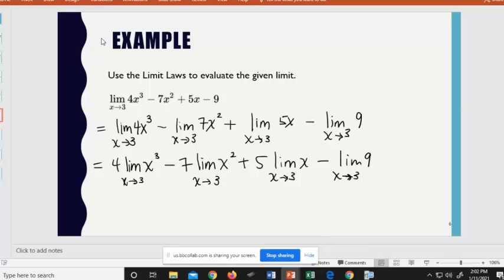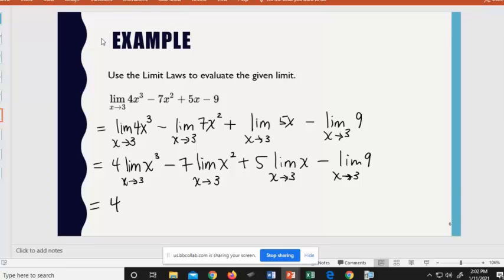Okay. Maybe one other thing that we need to do is we want to get it down to just x, not x cubed or x squared. So what's another one of those rules we could do? The power rule, right? So instead of the limit of x cubed, it's going to be the limit of x, in parentheses, cubed.